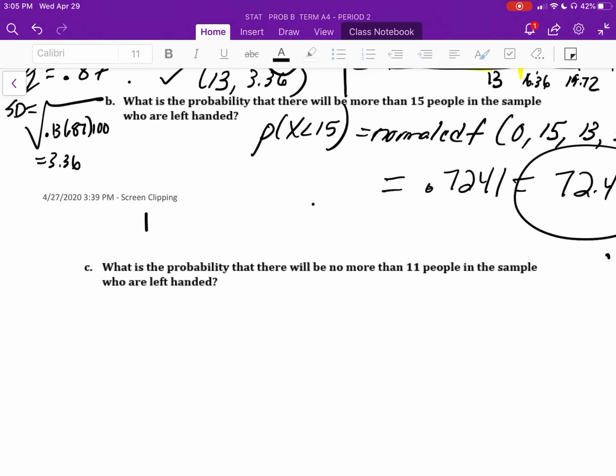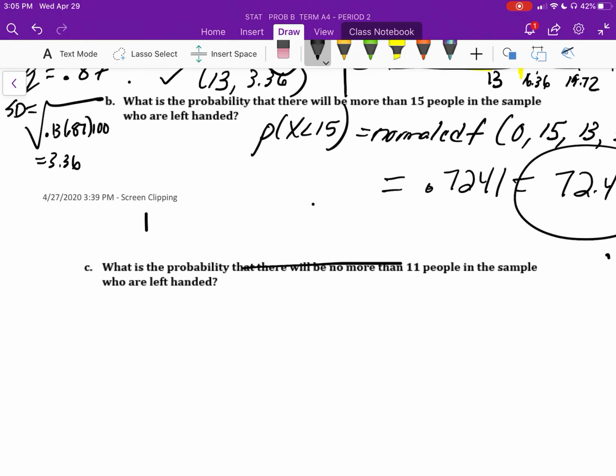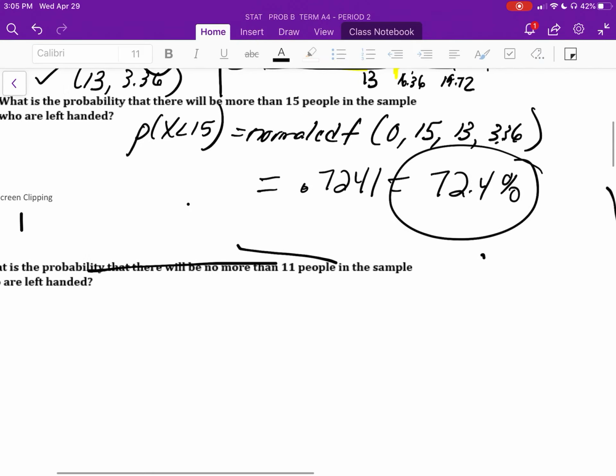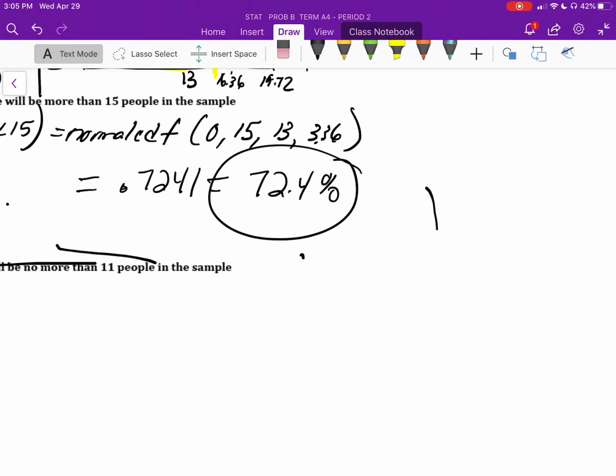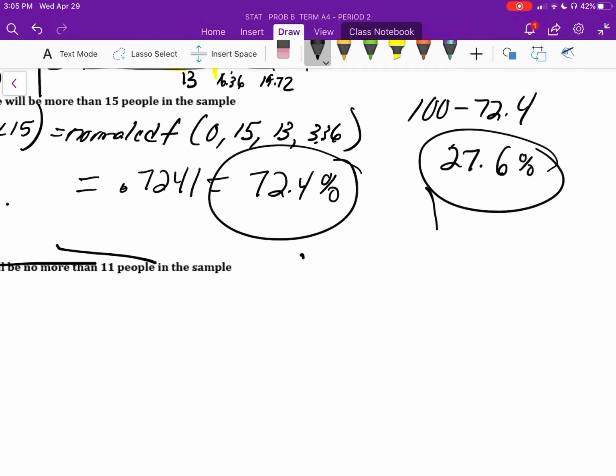So the easy fix to this is I solved for the left-hand side. So if there's a 72% chance that there be 15 or less, then all I have to do is subtract from 100, and I'm going to get 27.6%.